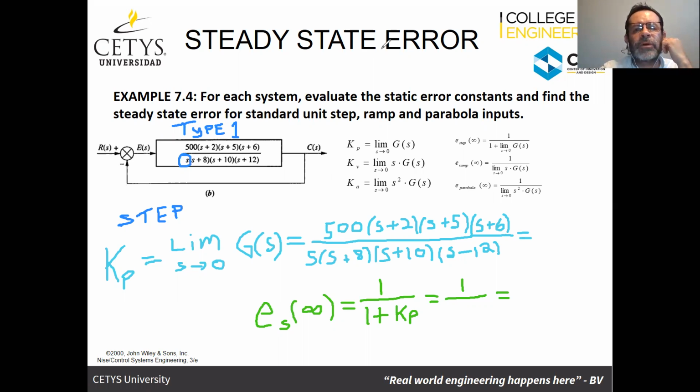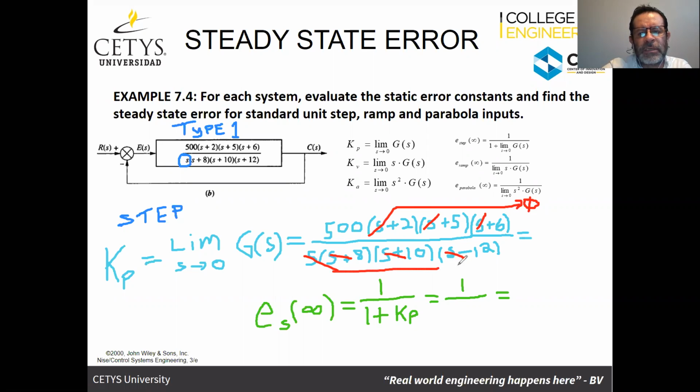Again, we're going to be able to go a little bit quicker. For the KP, for the step, it's going to be the limit when S tends to 0 of G of S. We've got the expression here. Now this and this are 0, and this and this are all 0.